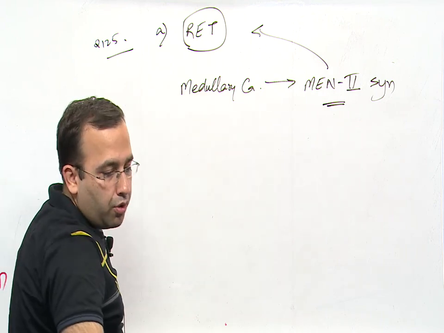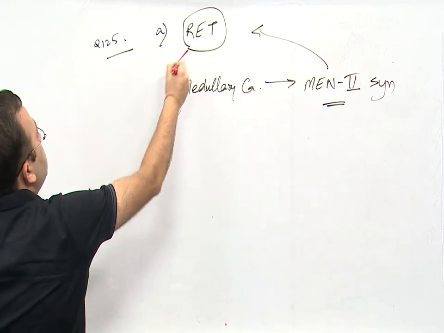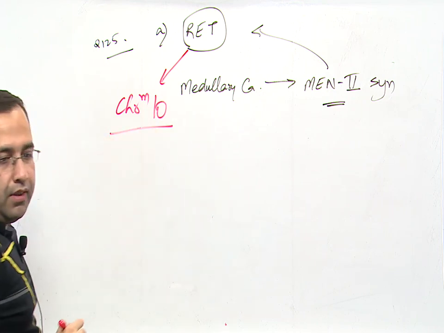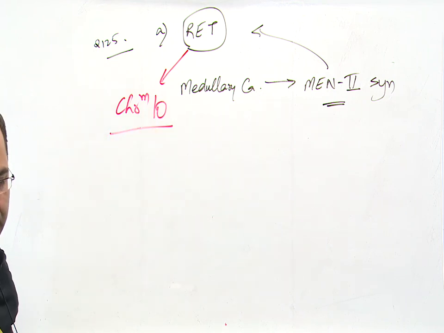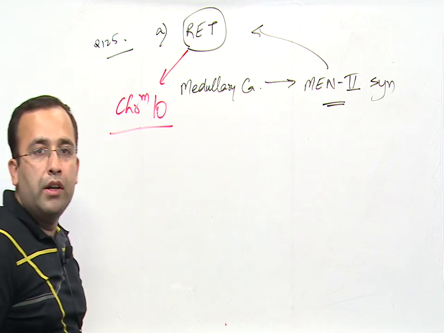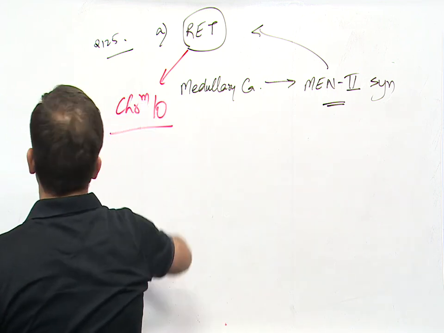This RET proto-oncogene is present on chromosome 10. This again is asked.